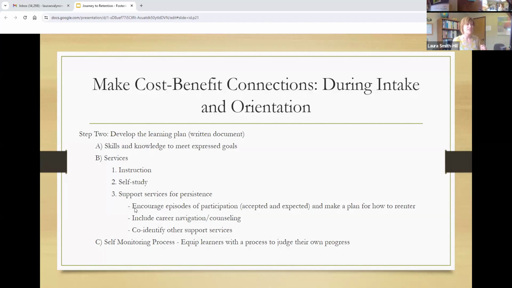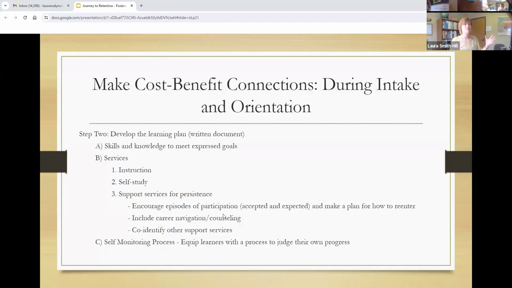And I love that first bullet point after number 3 on your screen. Encourage episodes of participation, letting students know it's both accepted and expected that they will come and go, and helping them understand how to re-enter services.